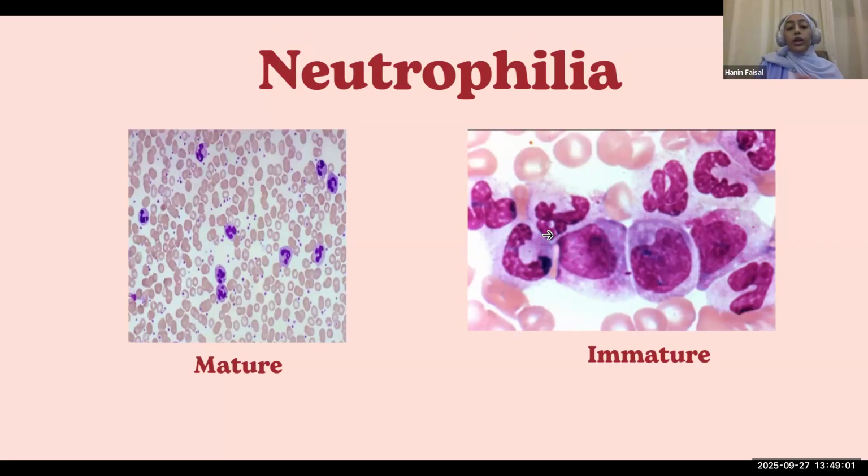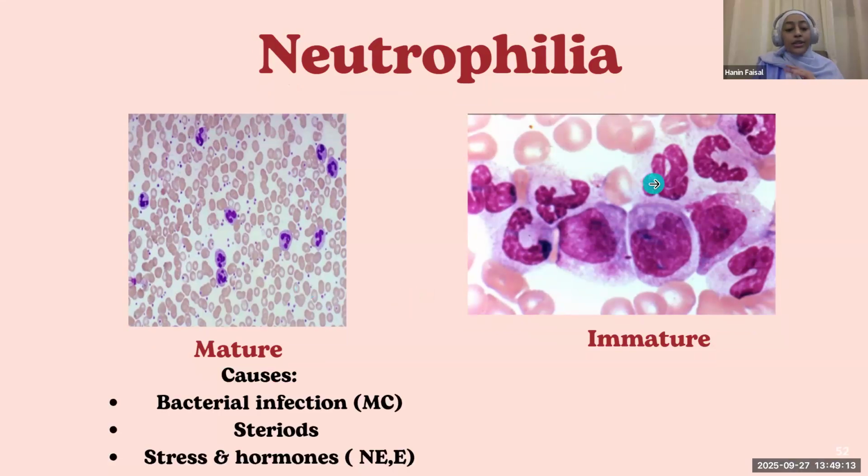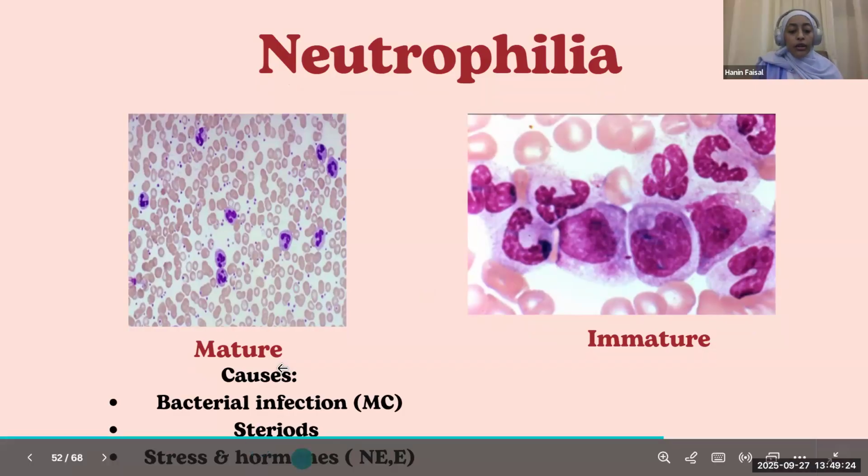Something you have to know is what causes this neutrophilia. For example, a patient comes in with a bacterial infection, he'll most probably have high neutrophil counts. The most common cause for both the mature and the immature is bacterial infection. So a patient comes in with a bacterial infection, what can you see? Neutrophilia, an increase in the number of neutrophils. Other causes can be steroids, stress, and hormones. I just added them for completeness, but the most important thing is bacterial infection.